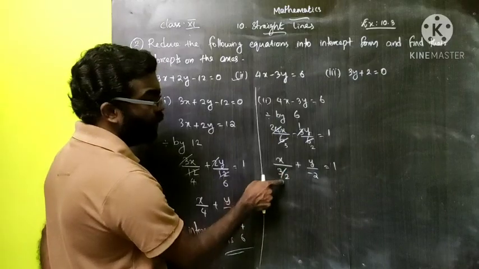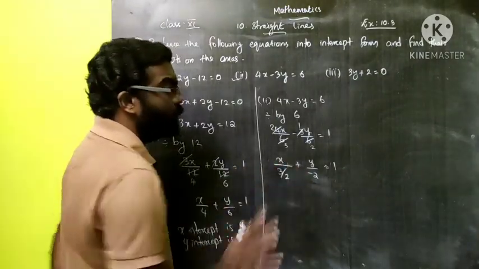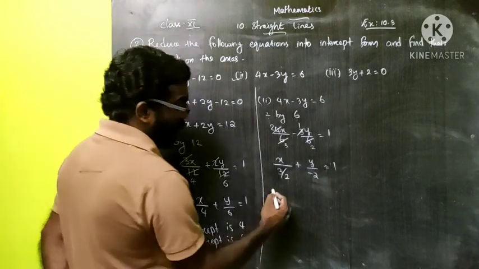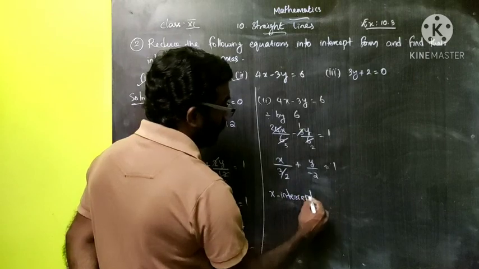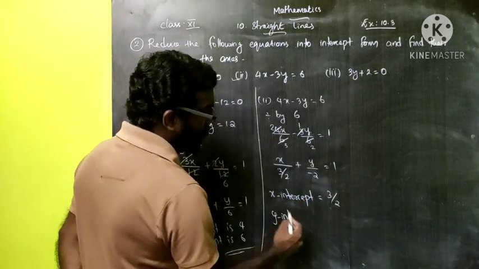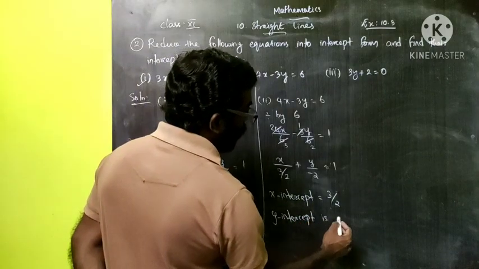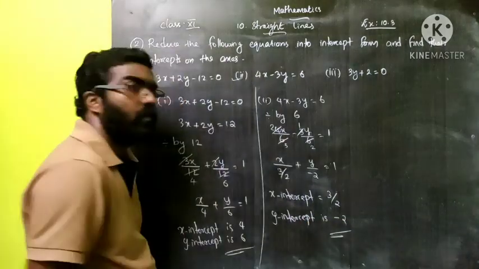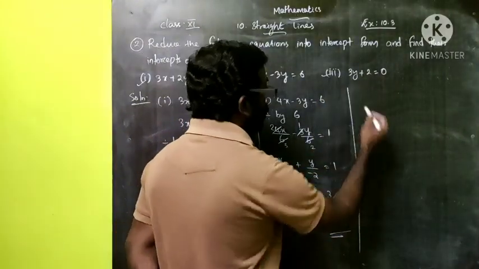On taking reciprocal, 2 goes on to the numerator. Here plus into minus, minus. Right. And here x intercept is 3 by 2 and y intercept is minus 2.